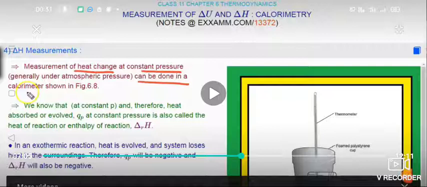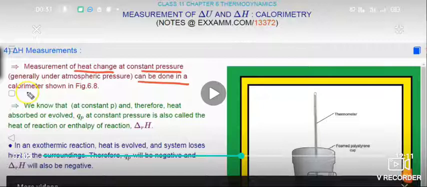In an exothermic reaction, heat is evolved and the system loses heat to the surroundings. Therefore, enthalpy QP will be negative. For an exothermic reaction, what will be the QP? Heat will be negative, and delta rH will also be negative.